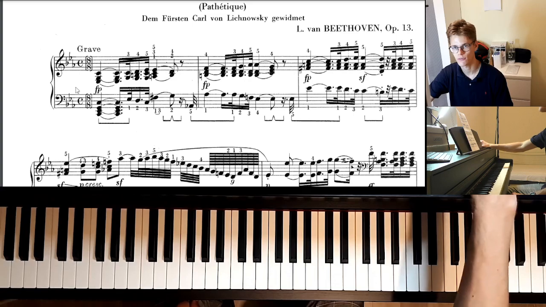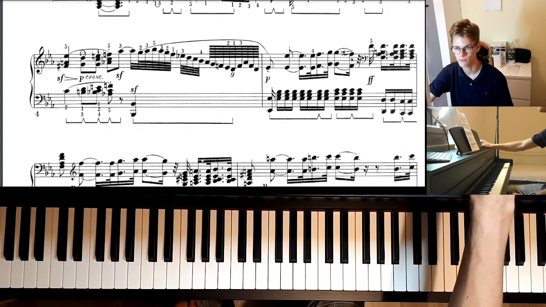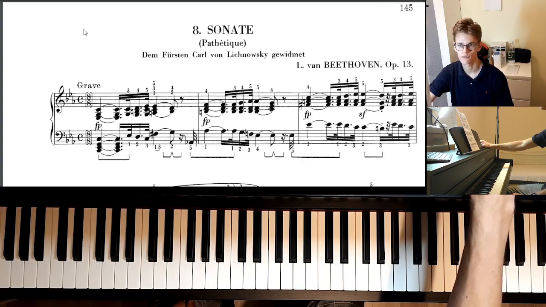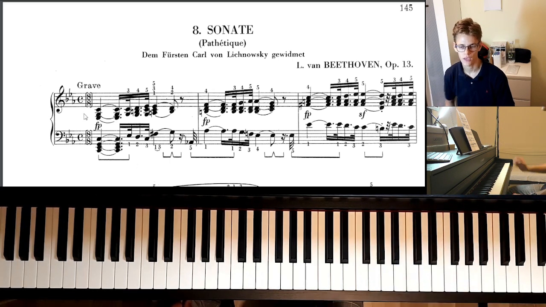We don't have exactly such a very long note right here, but the first note is a good example, because here we have a quarter and a 16th with a dot, right? So we need to be very careful about how long we play this and go to the next note.